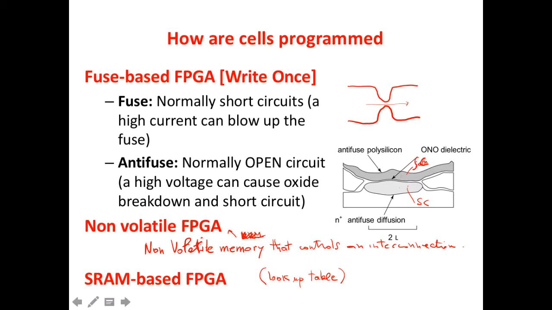In order to program it, you push a high current through the wire, and you have a high power dissipation in the narrow region. This region essentially blows up, and then the interconnection is interrupted. So it's like a fuse, what we call in Italian a fusibile.